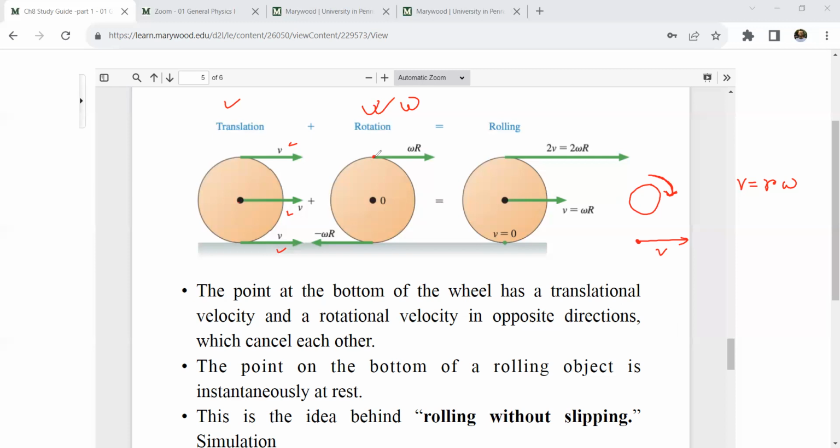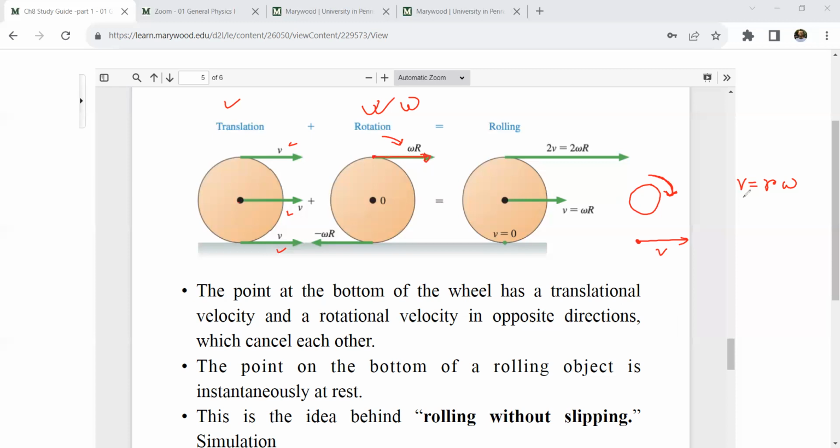Then at this point, because it is moving in this direction, the linear velocity v will be this. v equal to r omega. So v is always tangent to the circle in rotational motion. If I want to know what v is at this point, it will be tangent to that point.